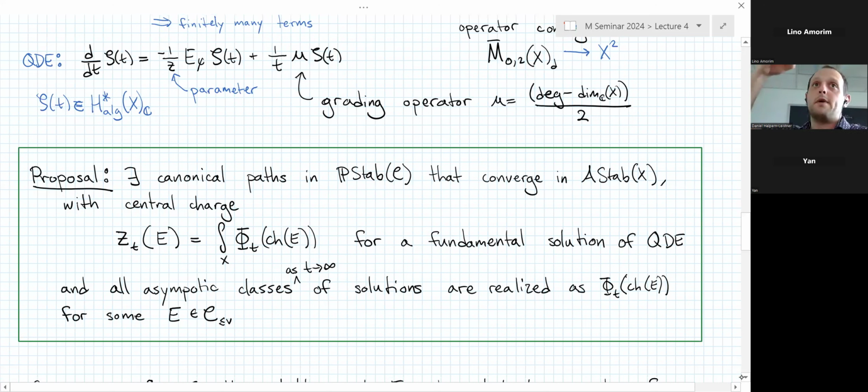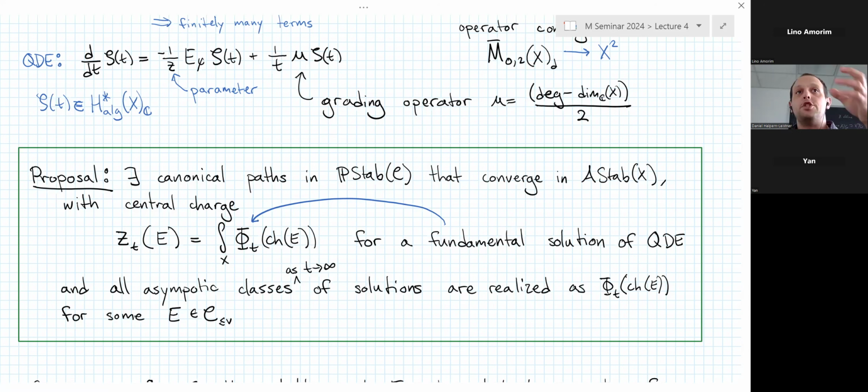And like I said before, this path in the space of central charges uniquely determines the path up to choosing a starting point in the stability manifold. So basically there should be a point in the stability manifold, and then you flow. So this phi t is a fundamental solution of the QDE, which means it's a matrix which takes any class in the algebraic cohomology and spits out a solution of the quantum differential equation.